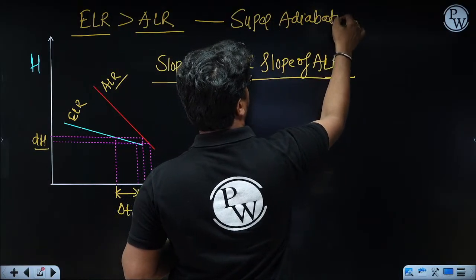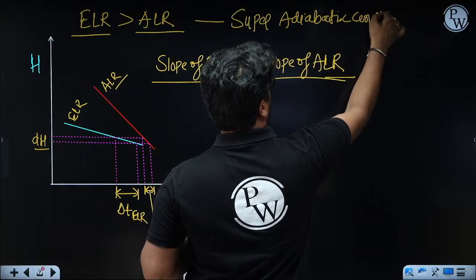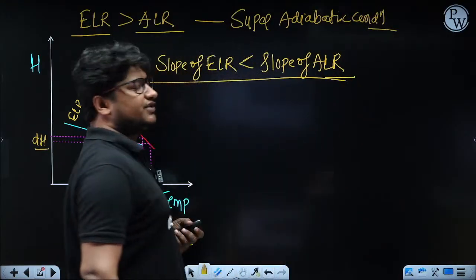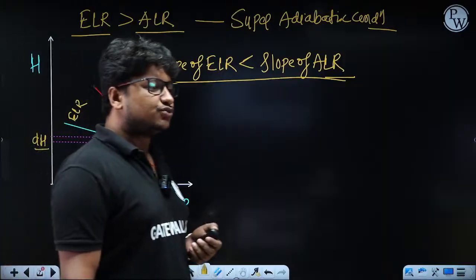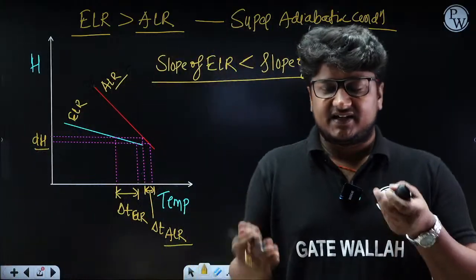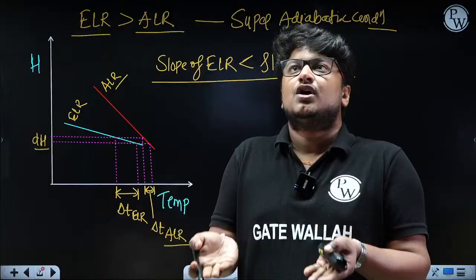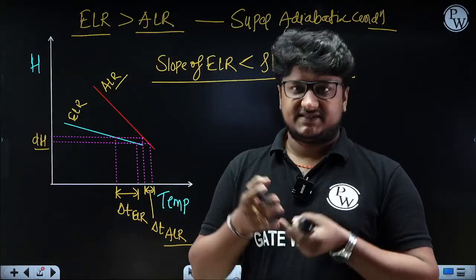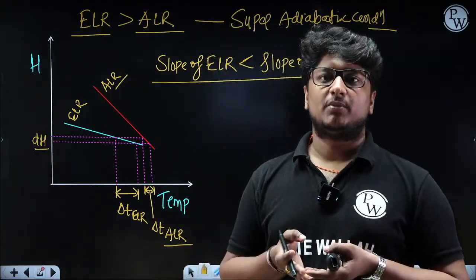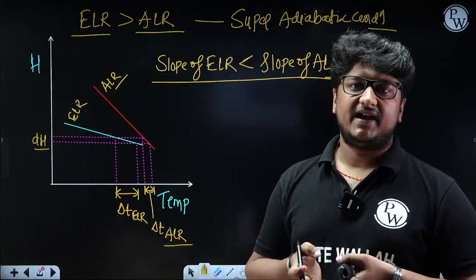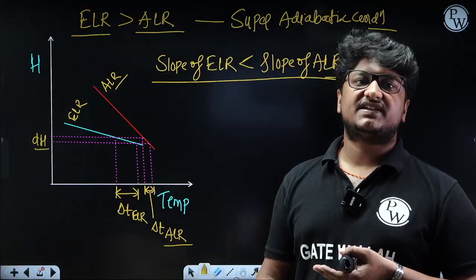Super adiabatic condition. And always remember this super adiabatic condition where environmental lapse rate is more than adiabatic lapse rate. In that case, your warm air parcel will reach more height compared to the normal case, it will go to a much higher height. And in that case, the vertical mixing will be good.